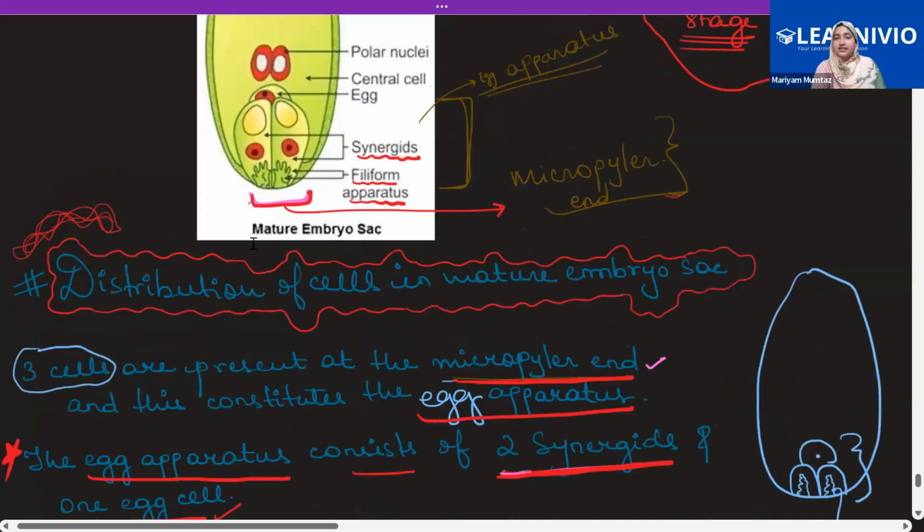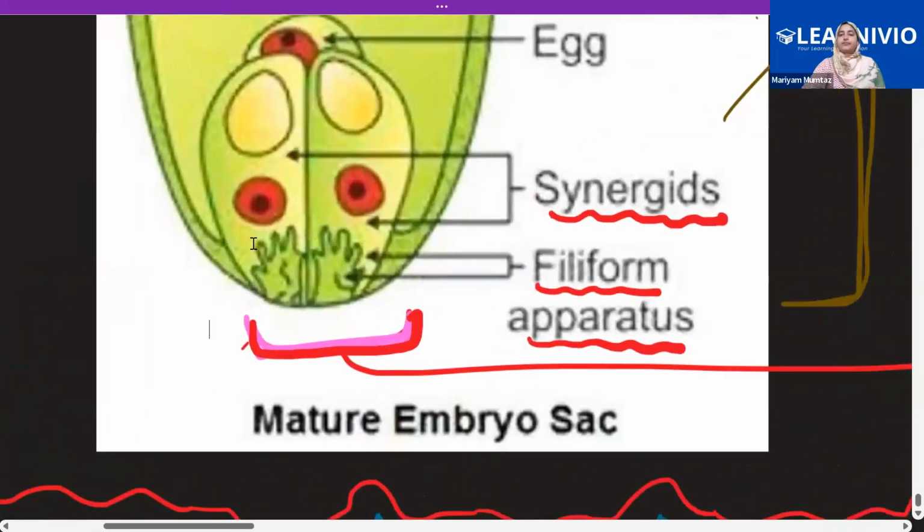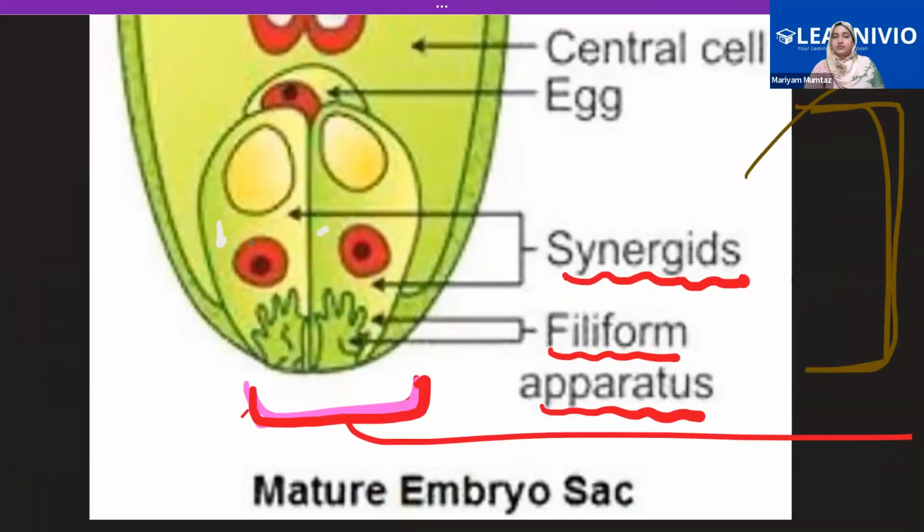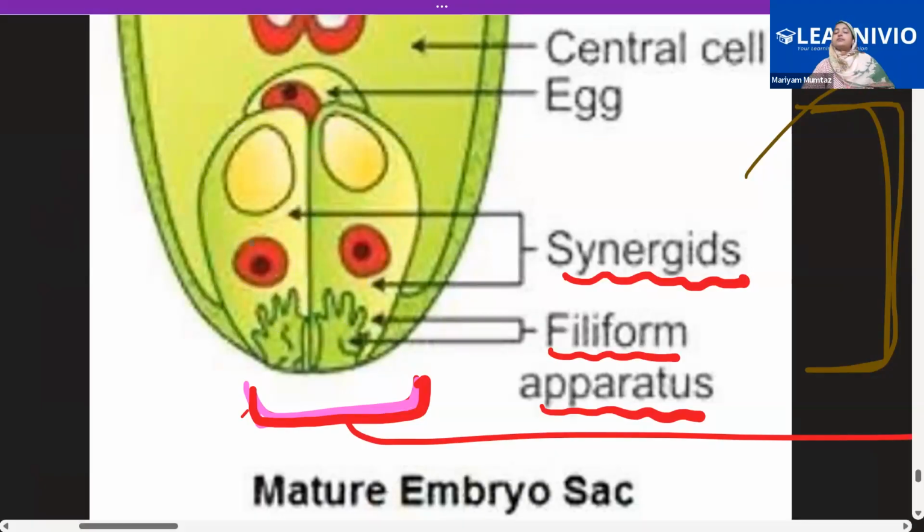See this: 1, 2, 3. These three cells together form the egg apparatus. You understand how it is a cell: this is a nucleus and this is the cell wall, so it becomes a cell. One cell, two cell and three cell. Clear? This arrangement is clear?